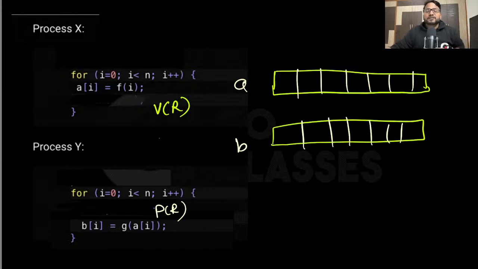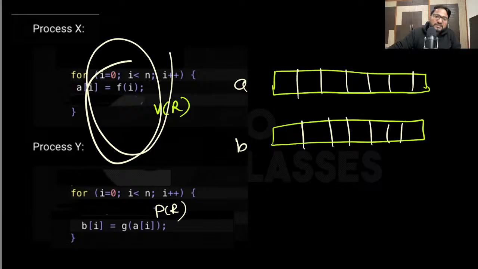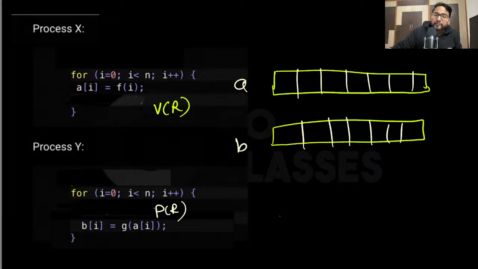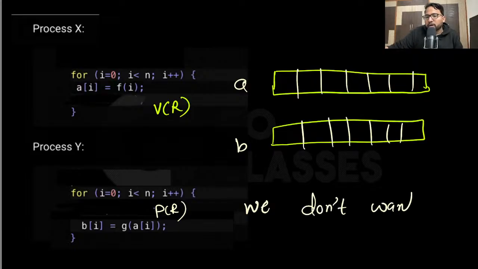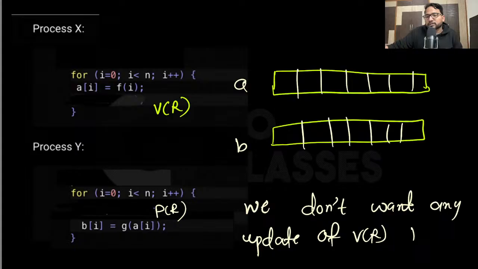So that's why it seems like strict alternation is actually a better idea. Because in fact, if you do it twice, then also it is a problem. Basically, I want for every V, I want this P to get executed. I don't want any update to V to get lost. Okay, so here is the idea that we don't want any update of V of R to get lost.